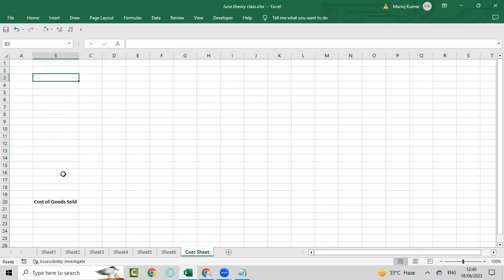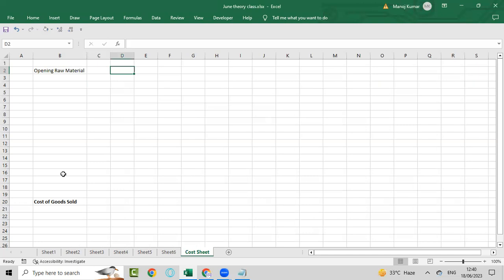Now, so first, what do we need to have? Opening raw material. How much is that? Suppose 1000. Then add purchase of raw material.